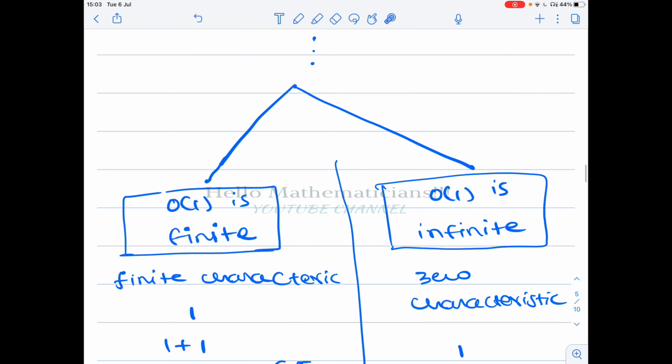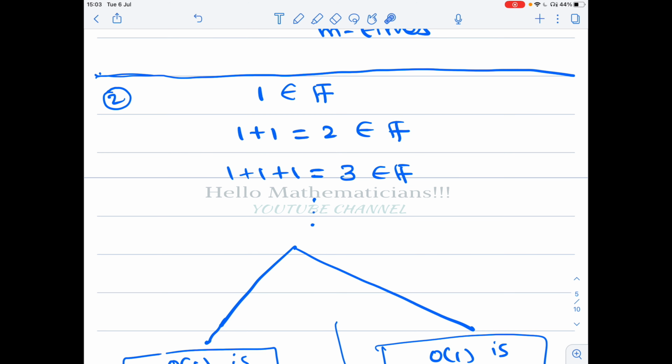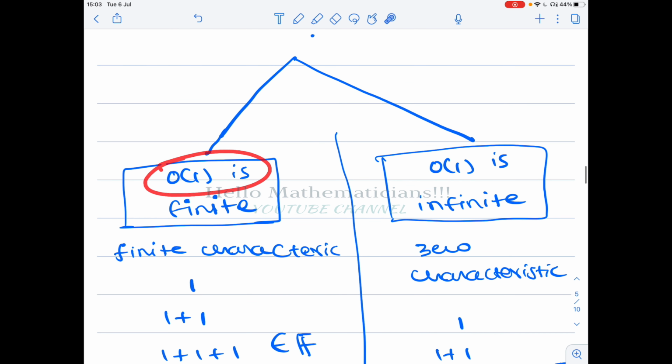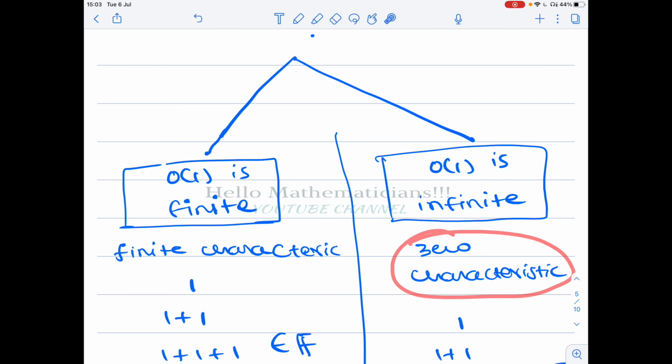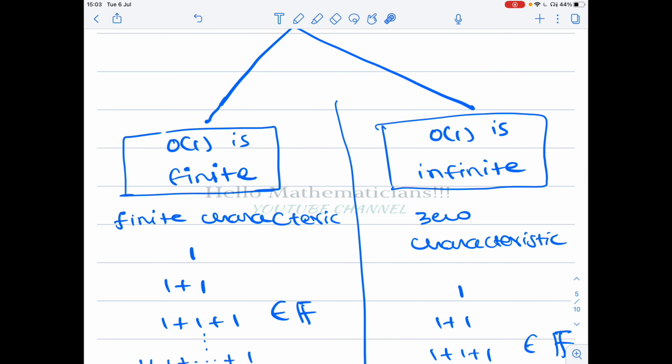If the order of 1 is infinite, then it will go on forever, and this sequence won't terminate. If the order of 1 is finite, we say the field F has finite characteristic. If the order of 1 is infinite, we say the field has 0 characteristic. So basically the characteristic is nothing but the order of the element 1.